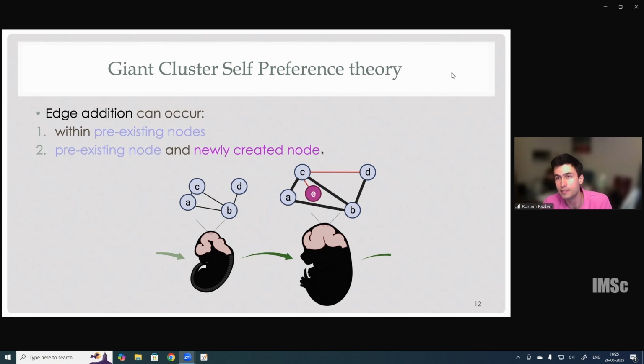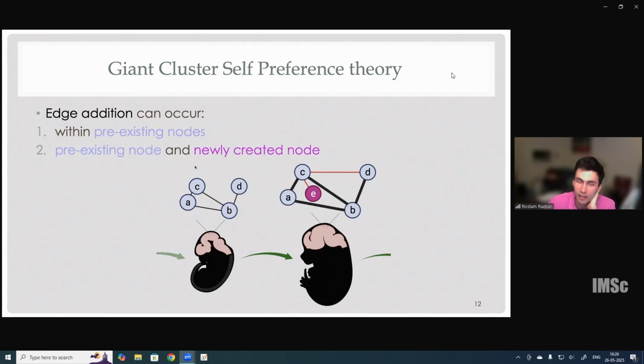What this omits is newly created nodes forming new edges with newly created nodes. Whenever a new node comes online, it has to immediately form an edge with a pre-existing node, but pre-existing nodes are not limited to just forming edges with new nodes. They can always form edges within themselves.